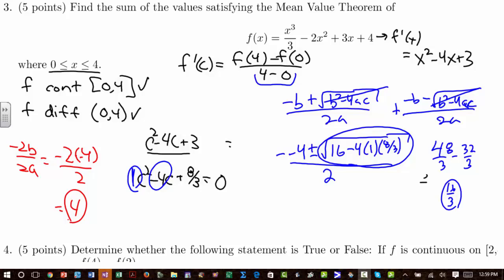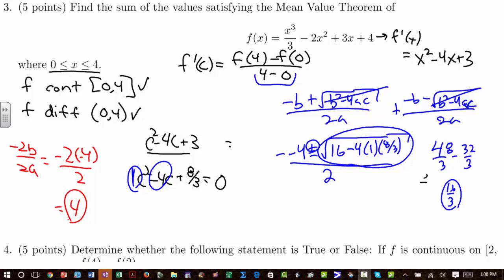which is how much? 4. No. I thought it was 12. So that's more than 4. Okay, but when I subtract negative 4 by that value, ooh, so on the positive version of that, I get a value that's in between 0 and 4.